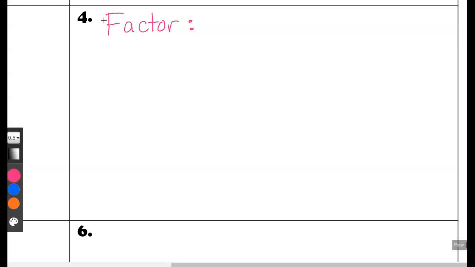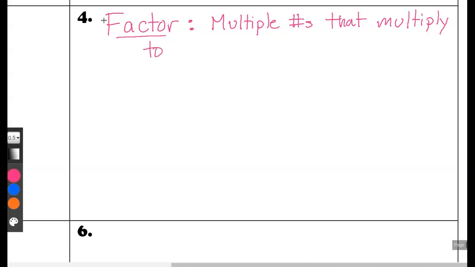When I say factor, what you should think of is multiple numbers that multiply to equal your original number.